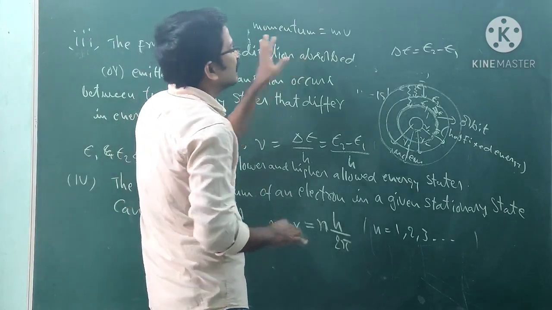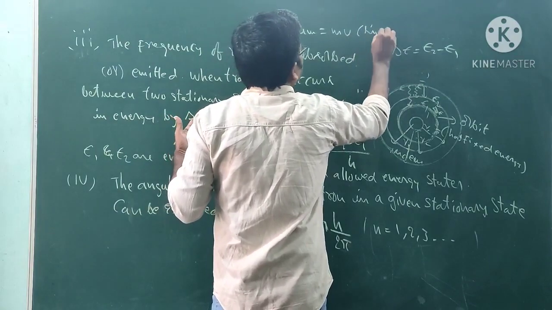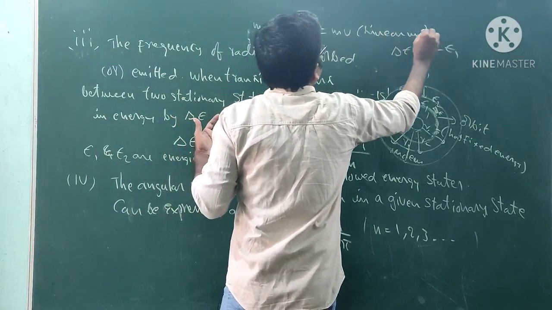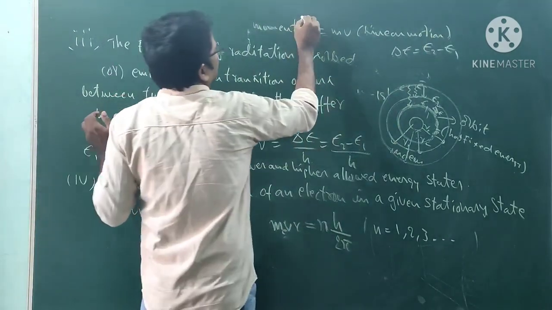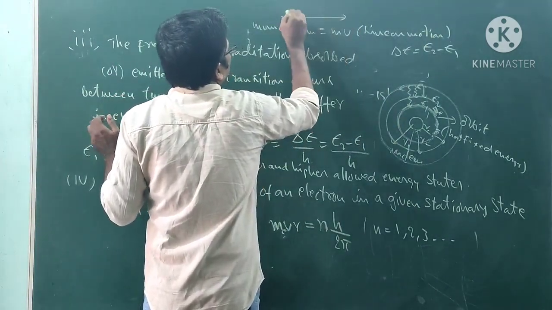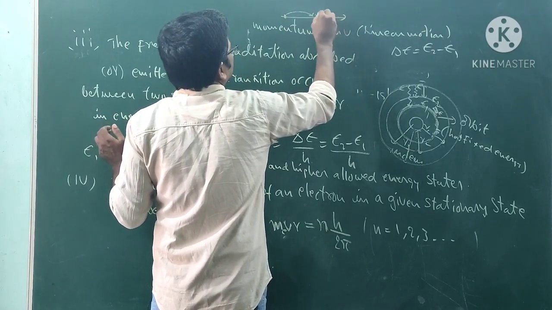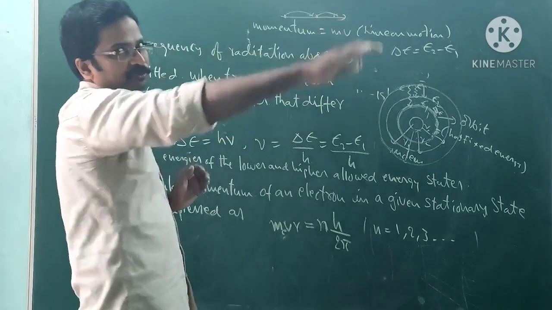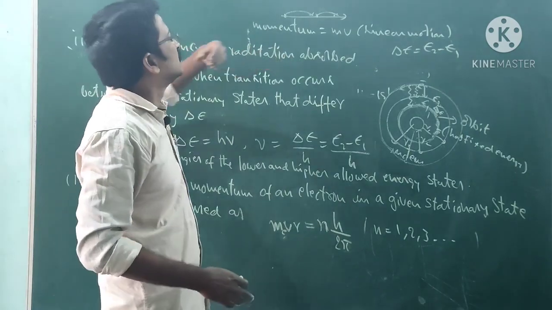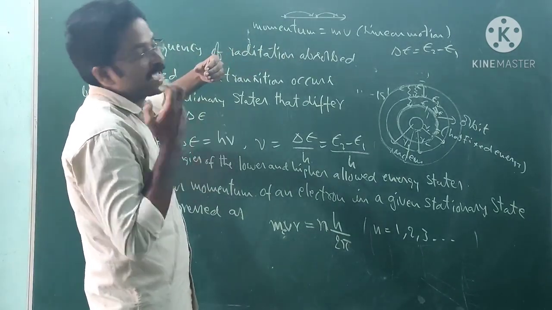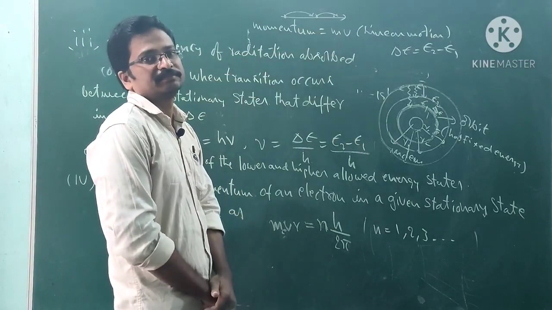It is valid for any linear motion, where the object moves in a straight line, like this, from this point to this point. When a certain mass moves in a straight line, the object has momentum, mass into velocity.